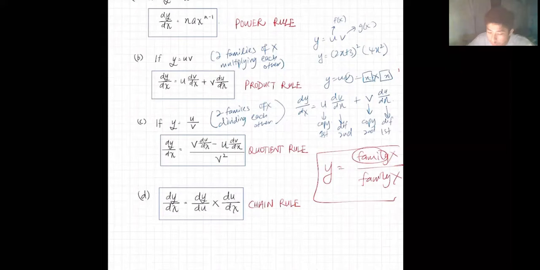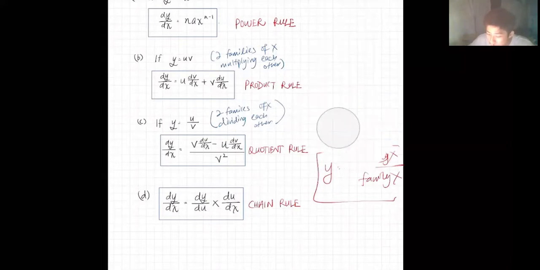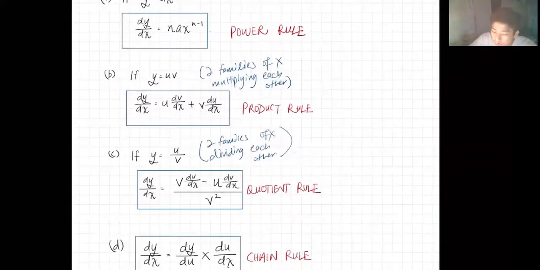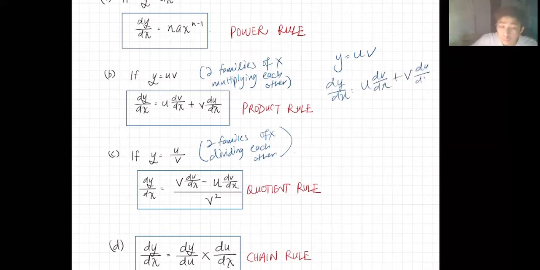I want to erase everything here already because it's getting ugly. I assume you've taken notes where you need to. Two families multiplying, I can leave it there. If you want to use the formula, y equals uv, the formula is fix the first, differentiate the second, plus fix the second, differentiate the first. This is the product rule, a recap for last lesson.